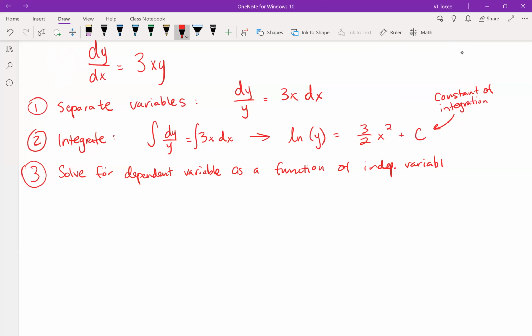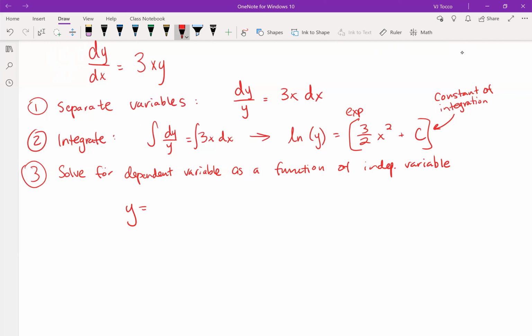So y is my dependent variable, as it typically is. In order to solve for y, I need to take the exponent of the entire thing. The exponent of ln is going to undo that operation. So y is equal to the exponential of this entire side. So I'm going to put an exp there.